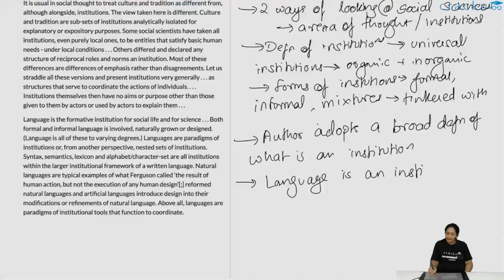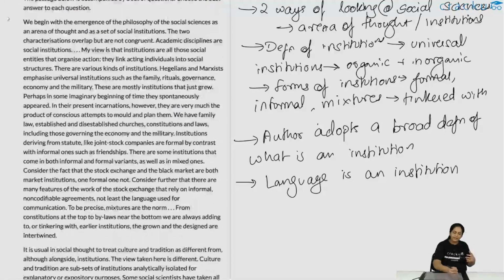So through the paragraphs, what we see is that the author discusses what is an institution. This, I would think, is a preface to an idea where he is trying to explore what the rules of institutions are and how to understand institutions. Before that, you would have to preface all of the discussion by identifying what institutions are.